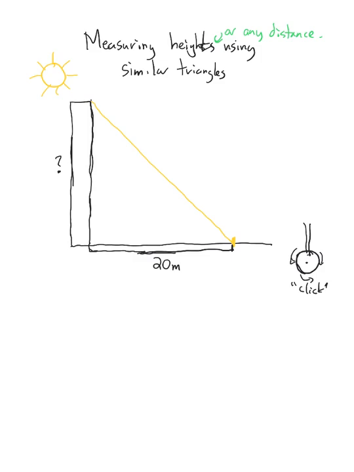Well, with the idea of similar triangles, what we could do is we could take something we know the height of, something nice and small, like, I don't know, a meter stick. So let's take a meter stick and let's put it so that its shadow lines up with the tip of the shadow of the building.